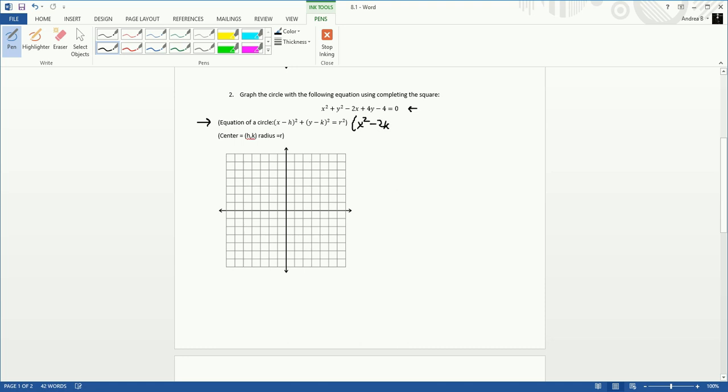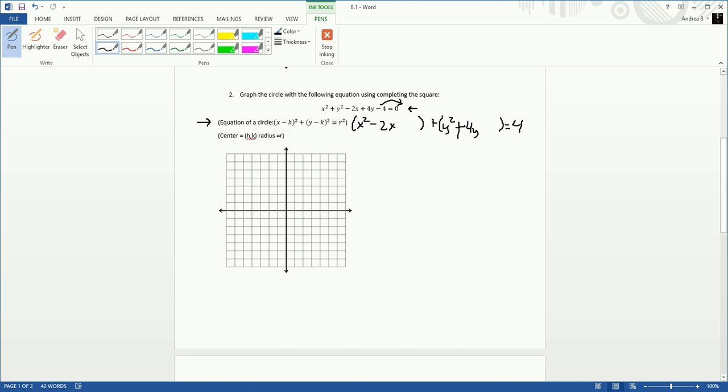So we'd have x squared minus 2x, and we want to leave a space, plus, and then we want to include our y's, so we have y squared plus 4y, leave another space, because we're going to put a number in there, equals, and then we want to move this minus 4 over to the other side. Remember, if you move it to the other side of the equation, that means you need to make it the opposite sign, so it is now a positive 4 instead.